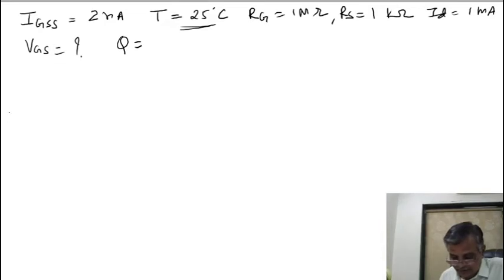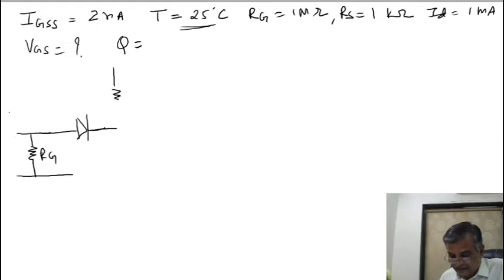Look here. This is the input circuit, the input section. This is the gate, and instead of the gate I am showing the PN junction, and this is resistance RA and this is resistance RB.